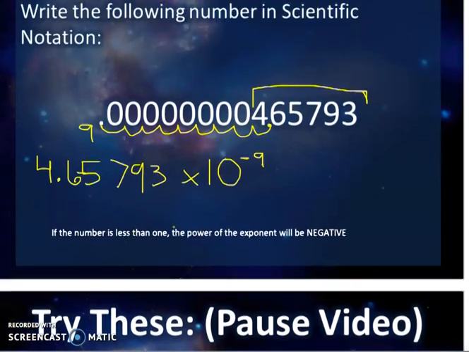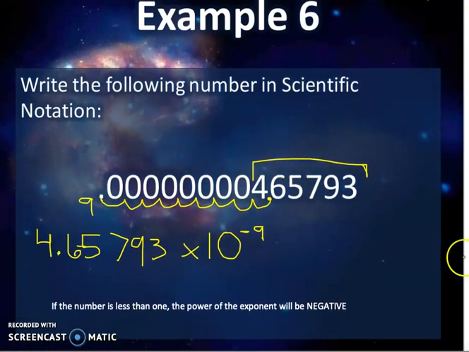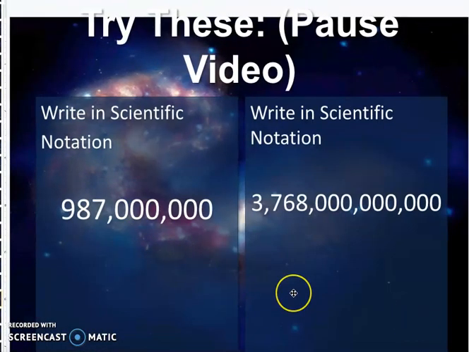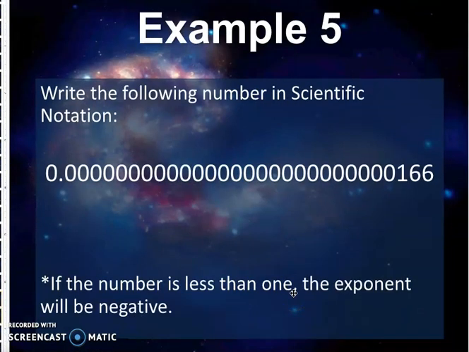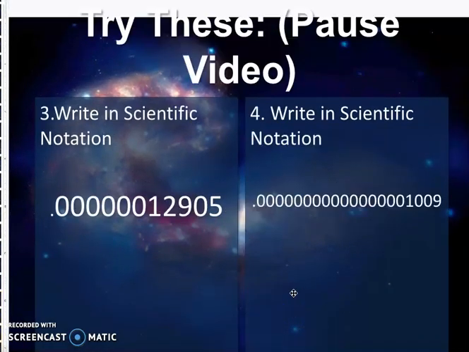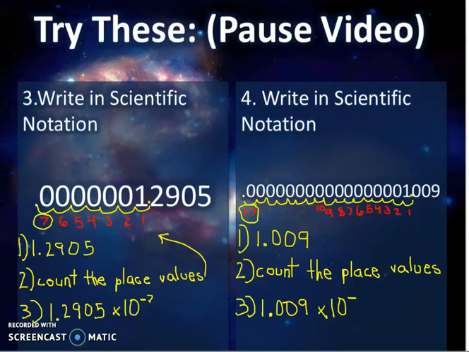At this point, you need to, here, let me pull up the problems for you to solve. Pause the video, try these problems on your own, and compare your answers to mine. Hopefully your steps look something like mine do. I did the exact same thing as before, separated my non-zero numbers from my annoying zeros, and moved my decimal point so that there's only one number in front of it, the 1, and I got 1.2905.